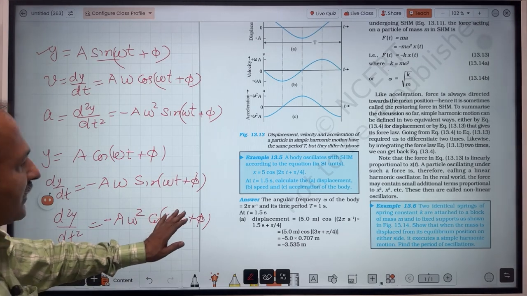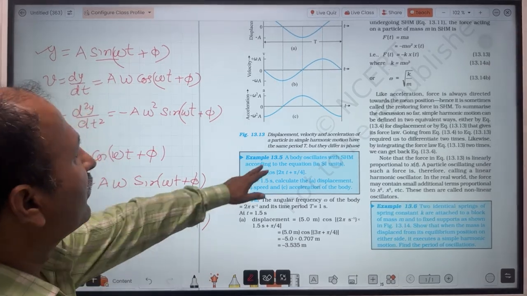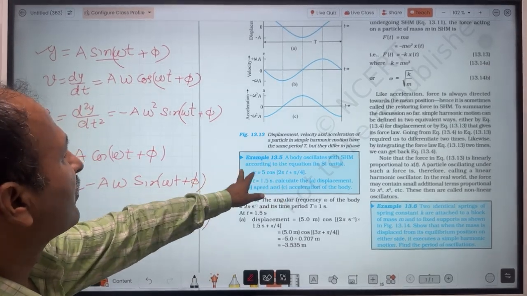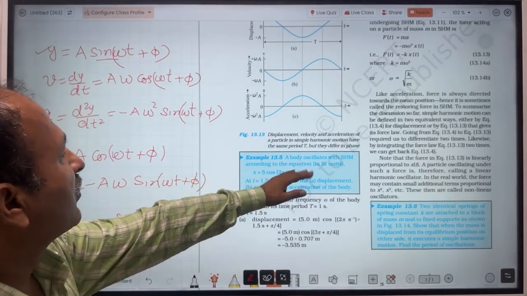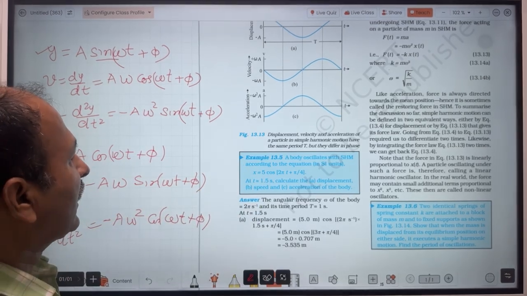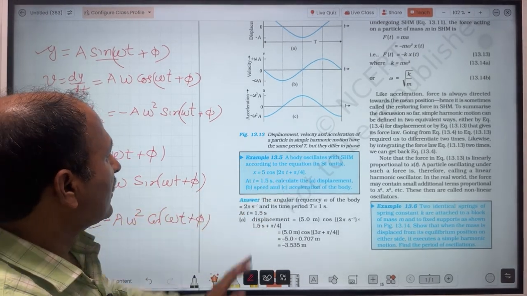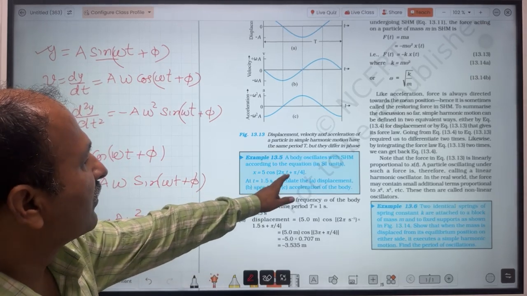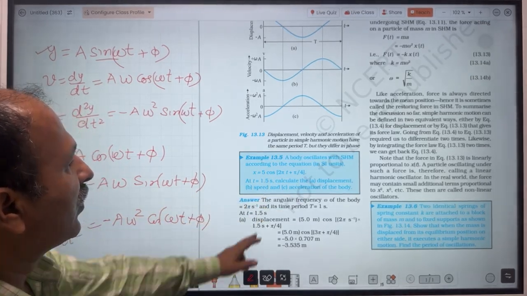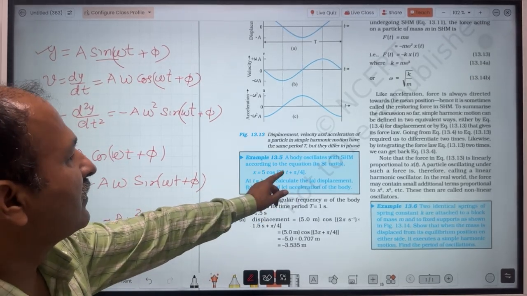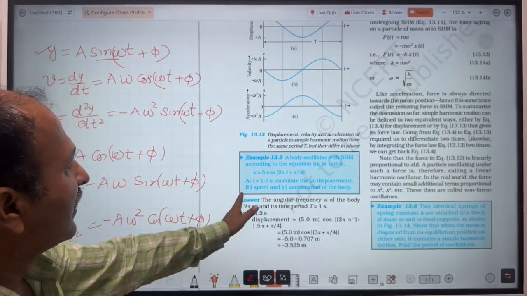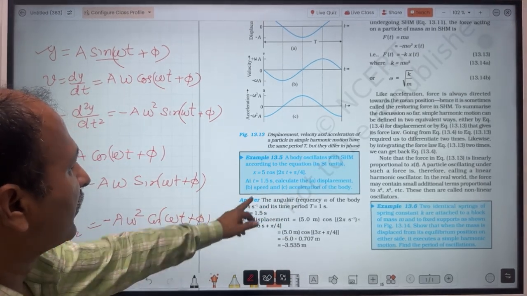So in this question, what is given? A body oscillates with a simple harmonic motion according to the equation x equal to 5 cos 2 pi t plus pi by 4. Here omega t plus phi 0 is given, omega is 2 pi, and t will be 1 second, and then we can easily calculate.